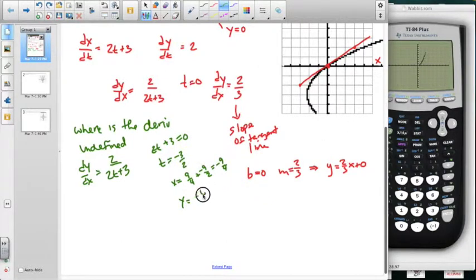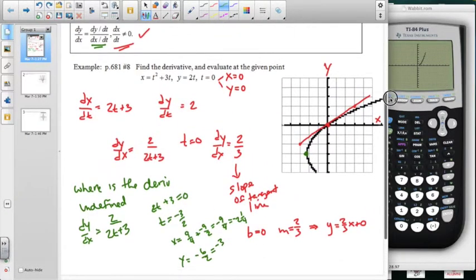So that would be -6/2, which would be a -3. And so if we look at that -9/4, that's 2.25. Excuse me, -2.25, I said that wrong. So -2.25, and then down 1, 2, 3. So here is where the derivative is undefined.